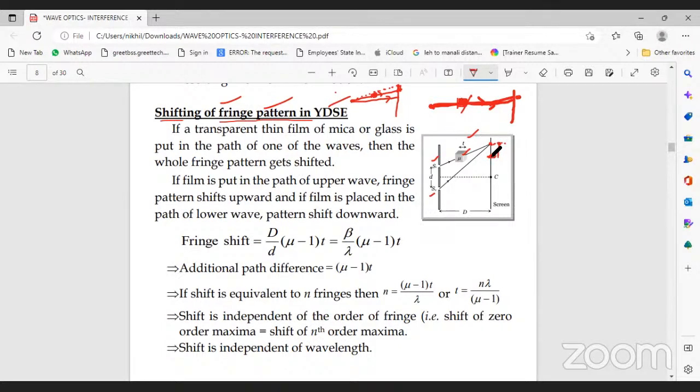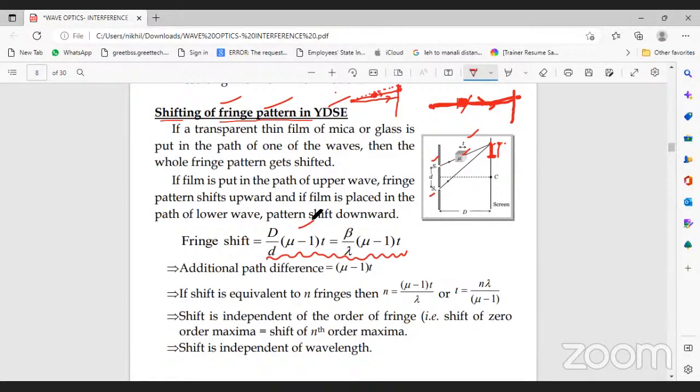To find this shift distance, we have a formula. What is that fringe shift formula?